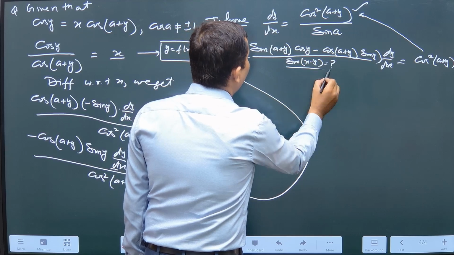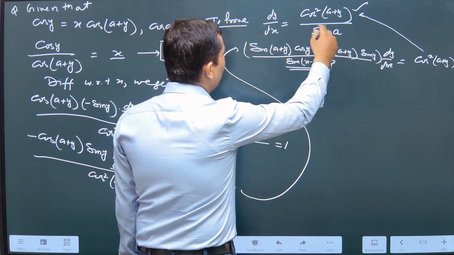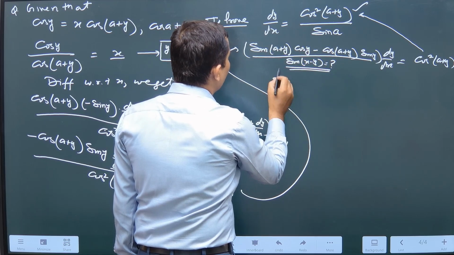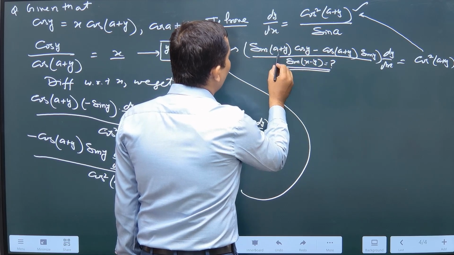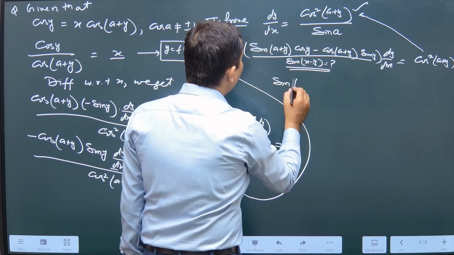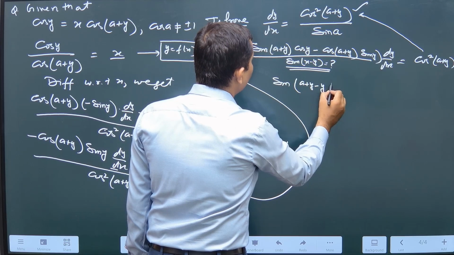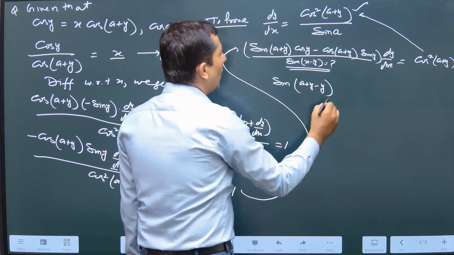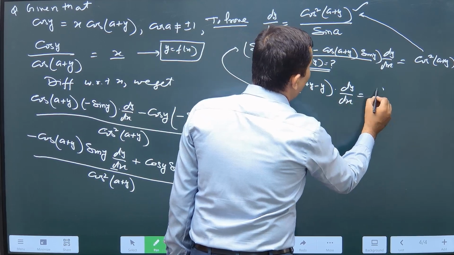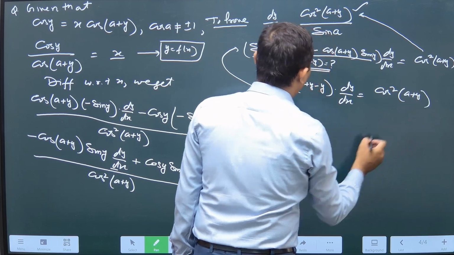According to use this here, x is equal to a plus y, y is equal to y, so sin(a plus y minus y) into dy upon dx is equal to cos square(a plus y).